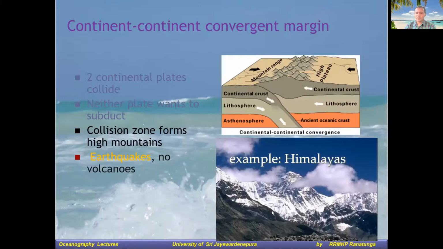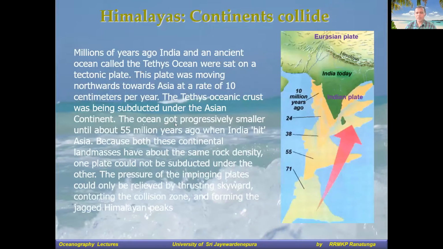So there had been a lot of earthquakes, but in this case, you see there is no magma coming out from here because it's all continental crust hitting one another, and you won't see any volcanism, right? But this happened a long time ago.